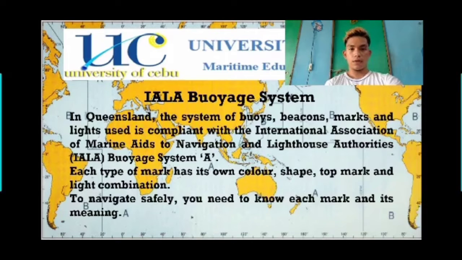For navigation safety, you need to know each mark and its meaning. The IALA buoy system provides 6 types of marks. First is the lateral marks, cardinal marks, isolated danger marks, safe water marks, special marks, and emergency wreck marking buoy.